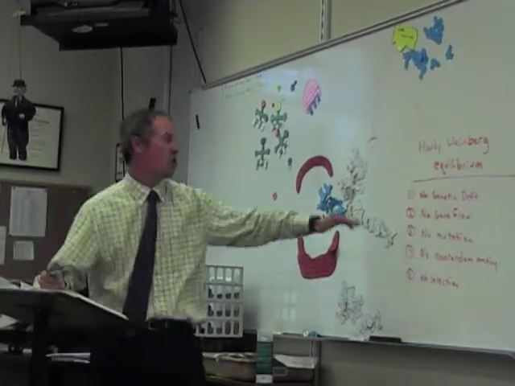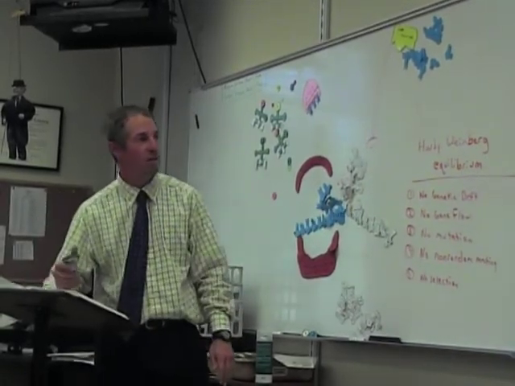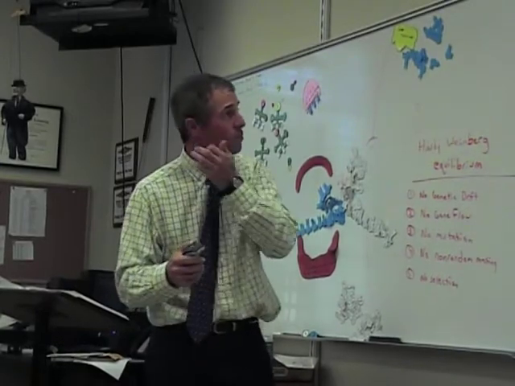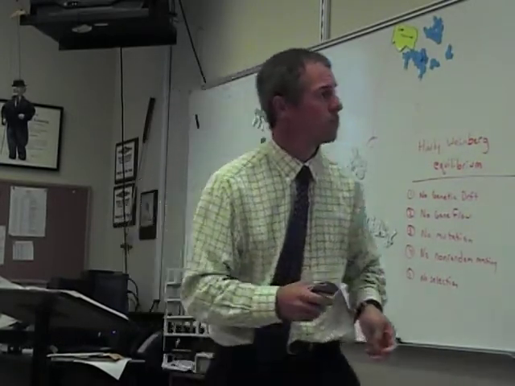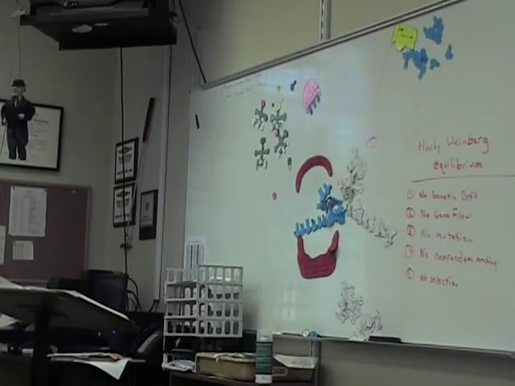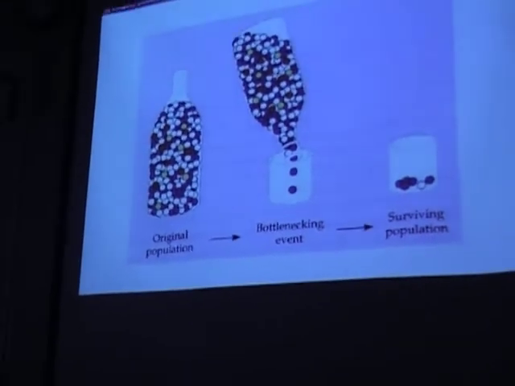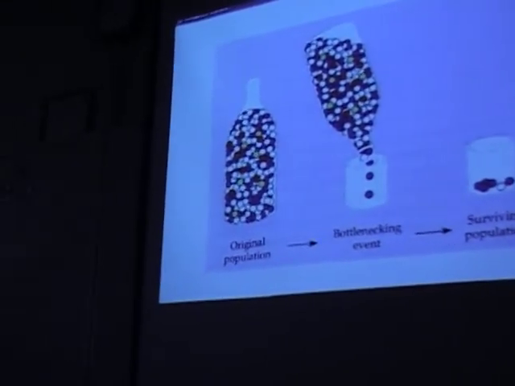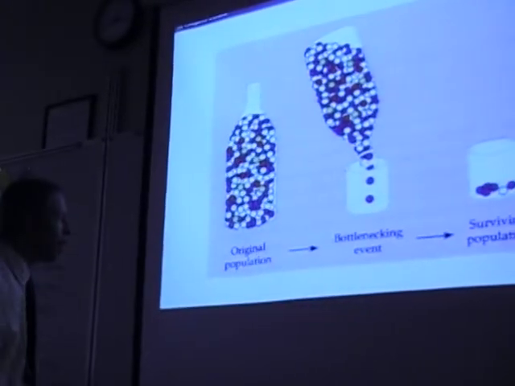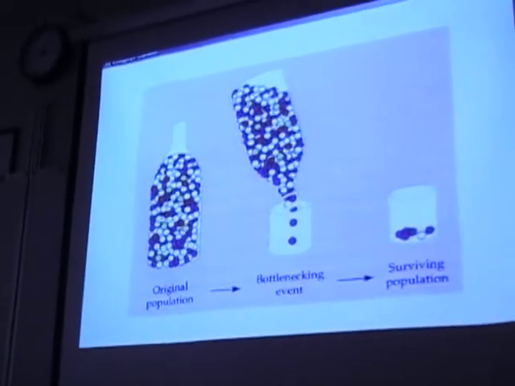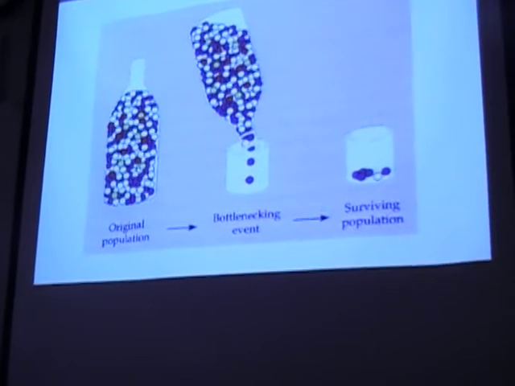So let's start with genetic drift. Let me show you what genetic drift is. Genetic drift is a term we use for random things that happen in a population that can change the population. Some accident, and this happens a lot in nature.